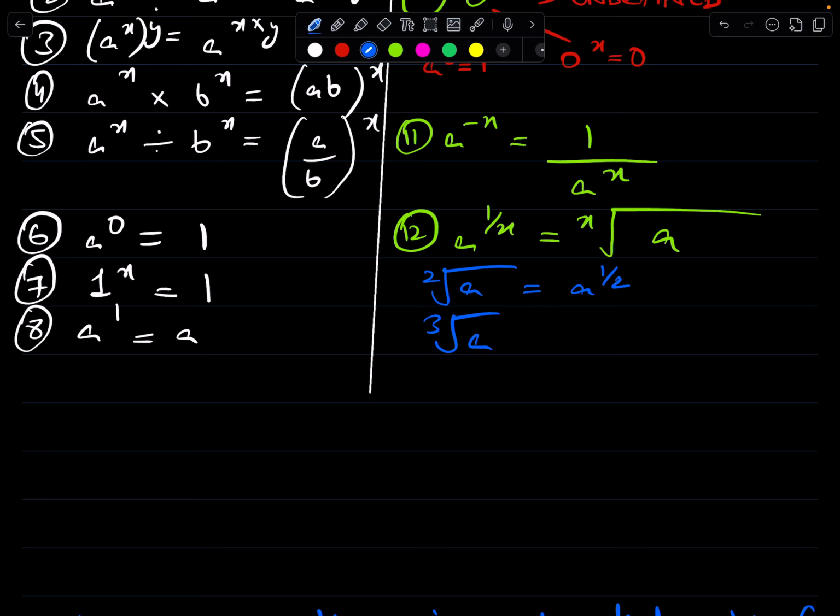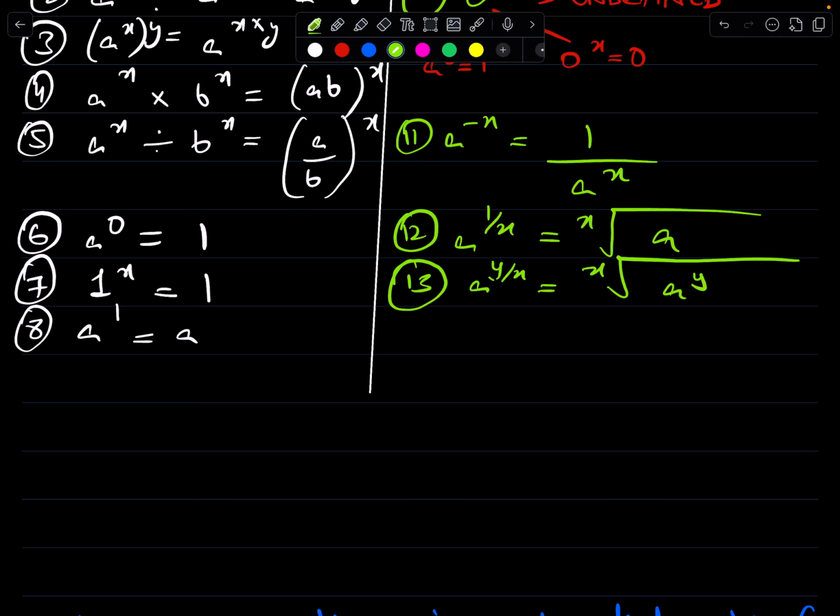Similarly, cube root of a can be written as a to the power one third. And then 13, a to the power y over x can be written like this. It's important to distinguish between these two rules. And for your ease, you can also include brackets, but that will not affect the answer.